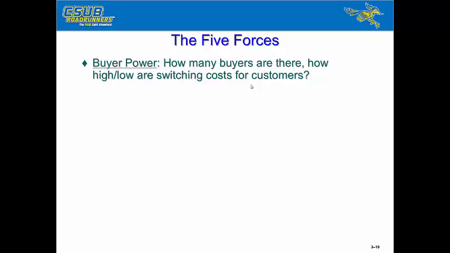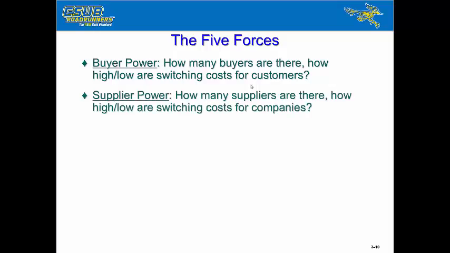A good example is the switching costs of going between a PC and a Mac, or a Droid or an iPhone. They have slightly different operating systems. They have slightly different ways to do things. You get accustomed to using one, and it's hard to develop the habits of using another. So buyer power is the first of these five.